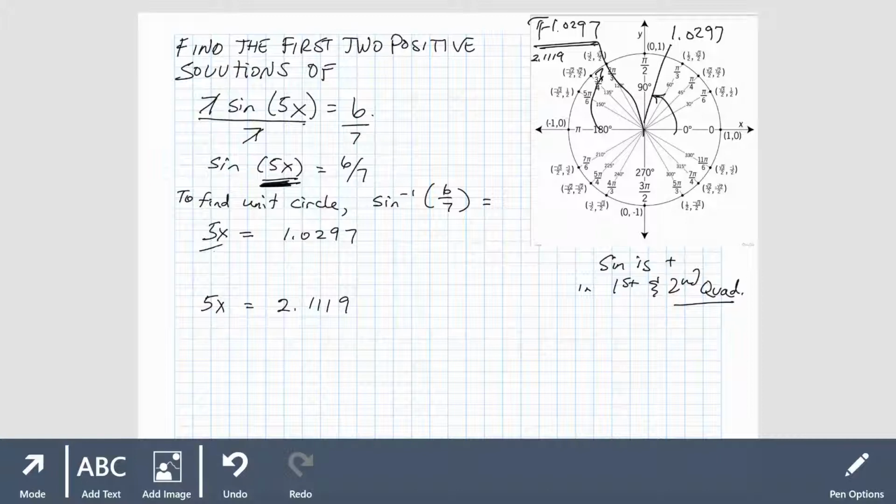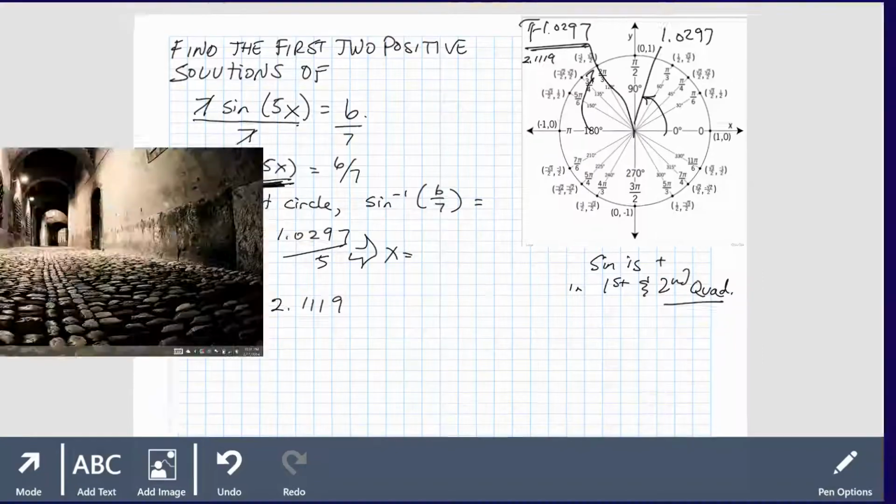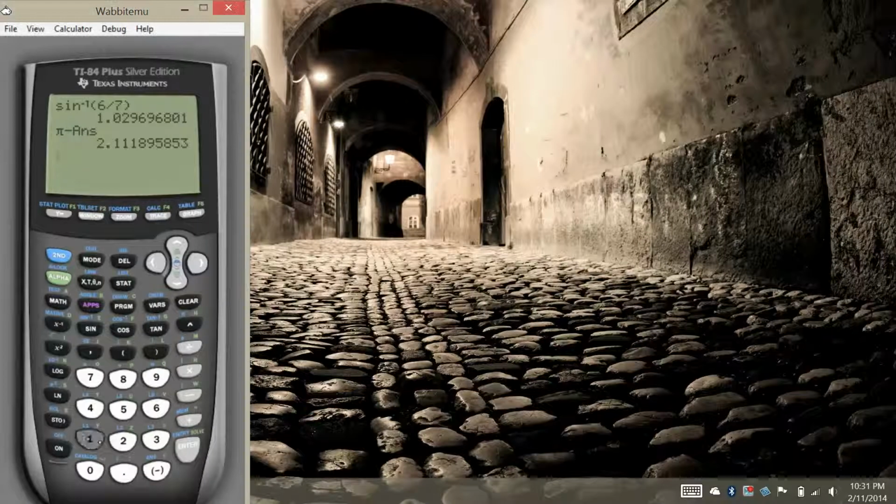So in order to find x, I'm going to have to divide by 5 on each side to get my two solutions. For my first solution, I'm going to take 1.0297 and divide it by 5.